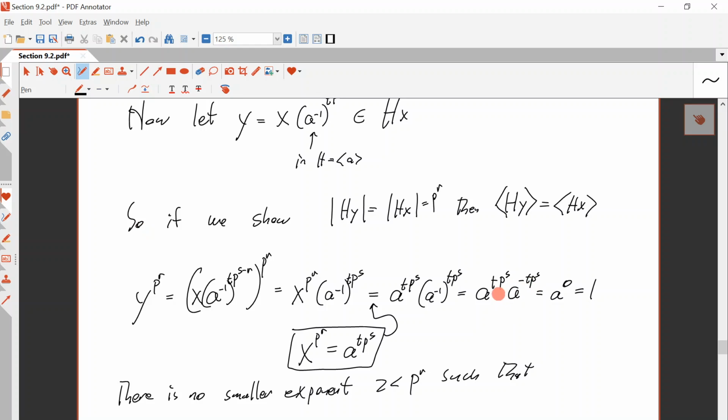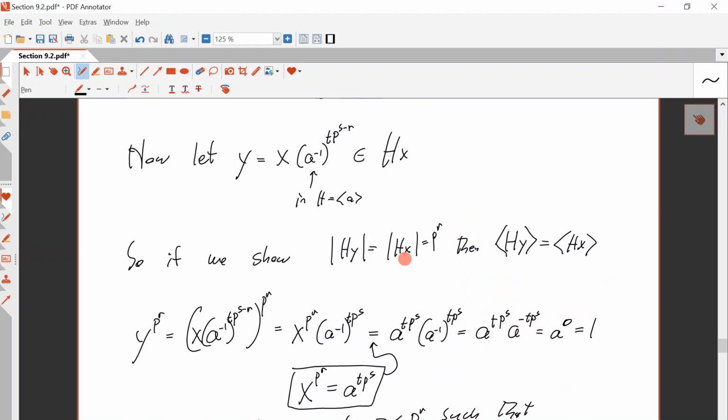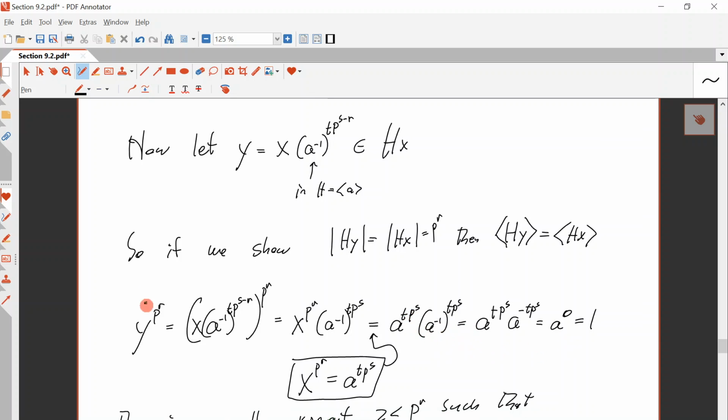That's what it was. So a to the tp to the s, a to the minus tp to the s. Then to the p to the r, you multiply these, add the exponents, tp to the s. This is a to the tp to the s, the inverse, so that's 1.